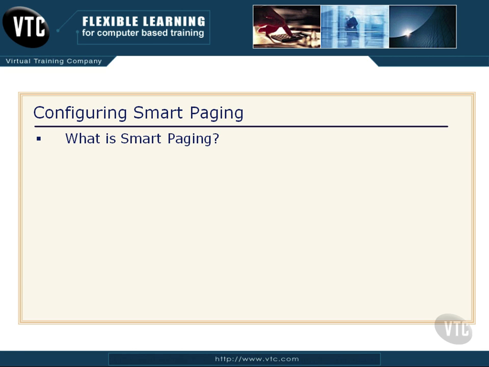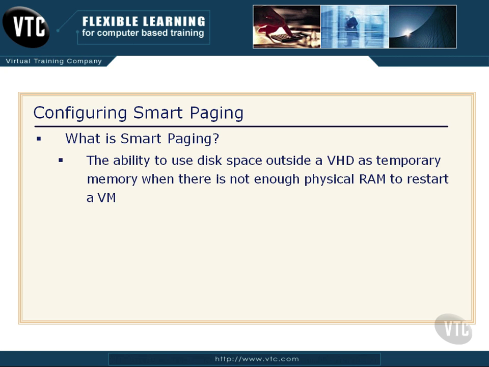So what is smart paging? It is a smarter version of this disk paging. It's the ability for a virtual machine to use disk space outside that virtual machine, out on the host system disk, as temporary memory when there's not enough physical RAM to restart a VM.